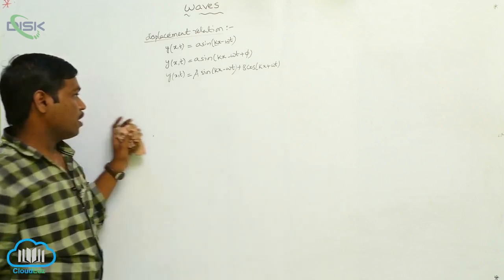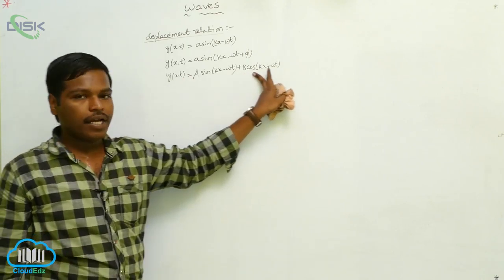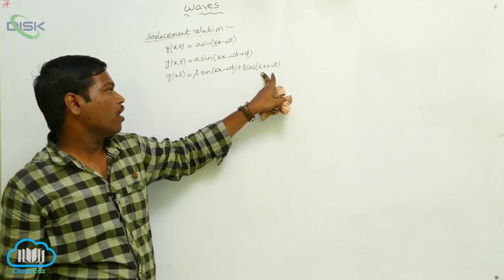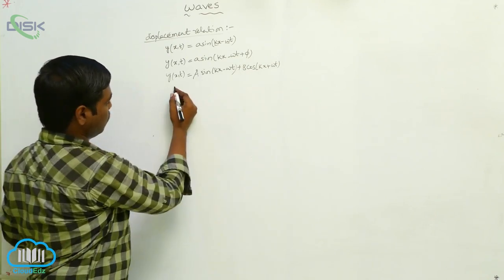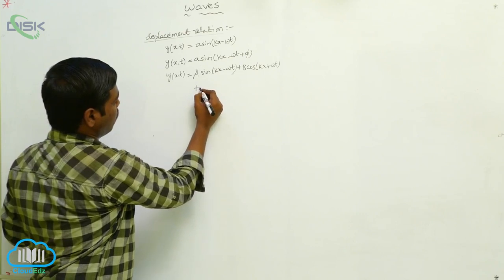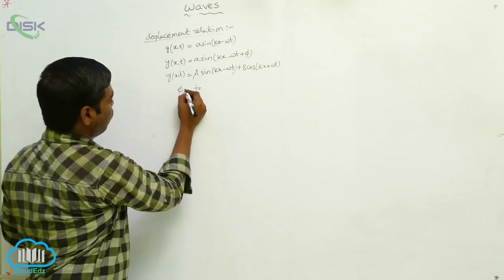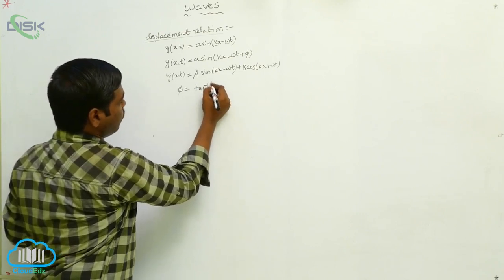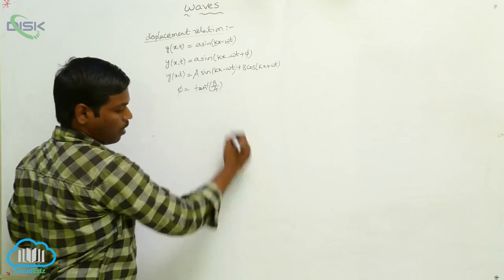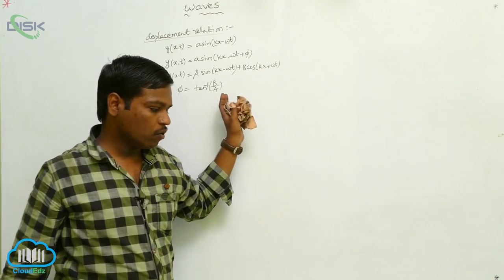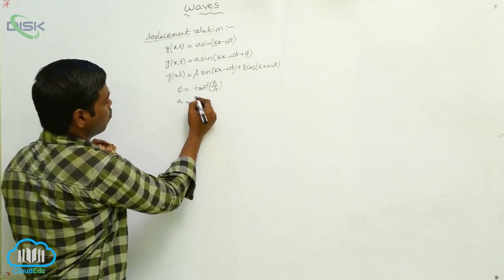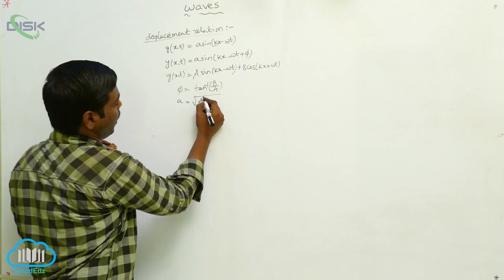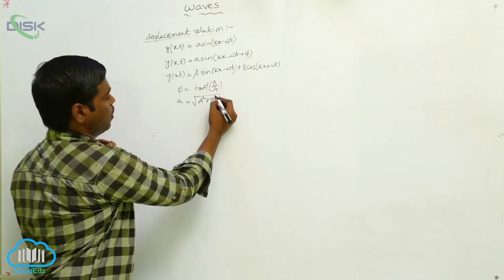That means this is the periodic function of the wave pattern. Then we can write phi is equal to tan inverse of b by a, and the amplitude A is equal to the square root of a squared plus b squared.